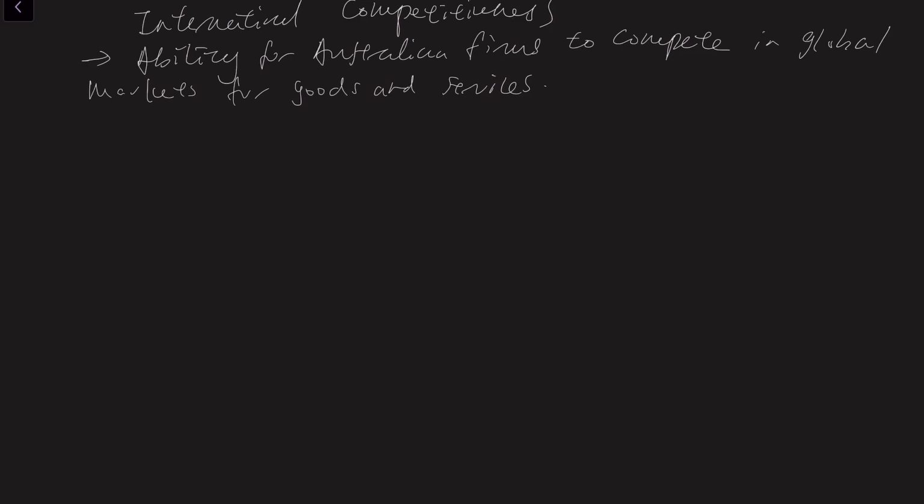So there are some factors that can affect international competitiveness, which you need to know. The first factor is the relative inflation rate. I guess we have already touched on this point before when we talked about how the relative inflation rate affects the exchange rate, but it can also affect international competitiveness.